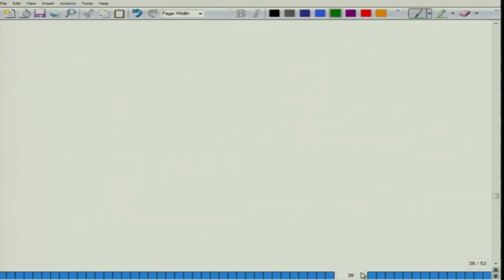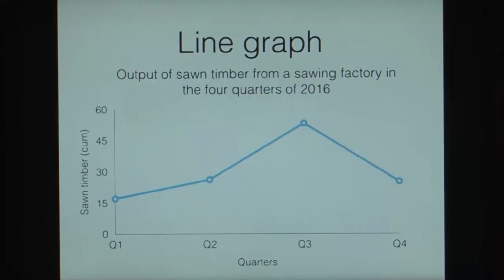Another graph that we routinely use is a line graph. In this example on the screen you can see a line graph that represents the output of sawn timber from a sawing factory in the 4 quarters of 2016.